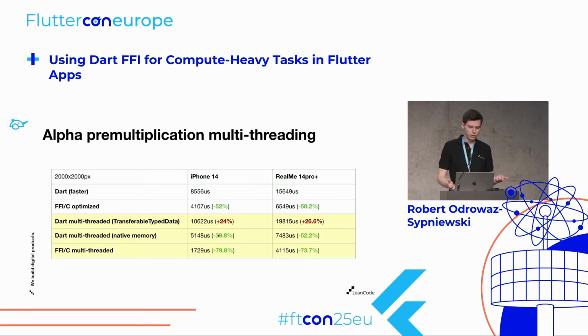And with that, we actually gain performance, 39% on iOS, 52% on Android. And with FFI and multi-threading, we have 79% on iOS and 73% on Android. So we have finally achieved this 5 times performance gain that we wanted.